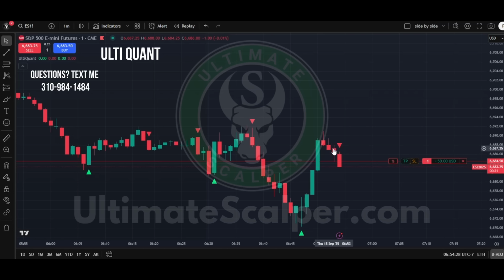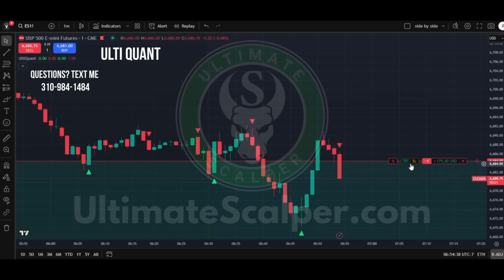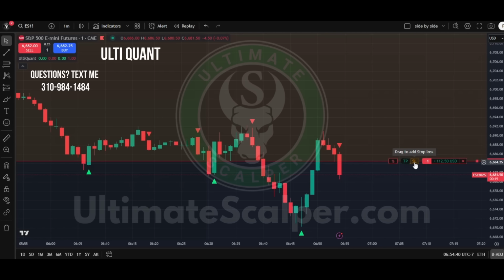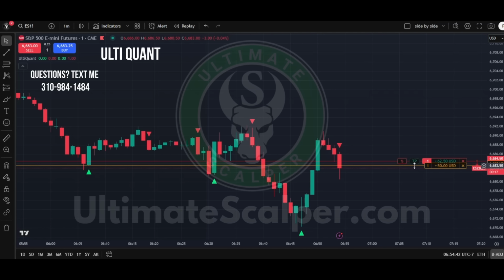We did get a trigger on this one as well. However, it will be at the close of the candle, whether it stays on there or not. I'm going to move my stop loss for 50 bucks just to make it a risk-free trade because I see I'm getting in a little bit late.